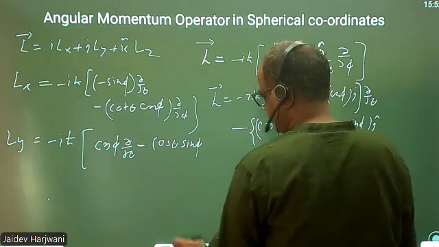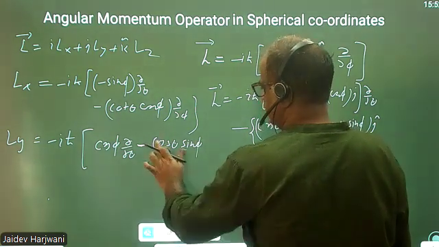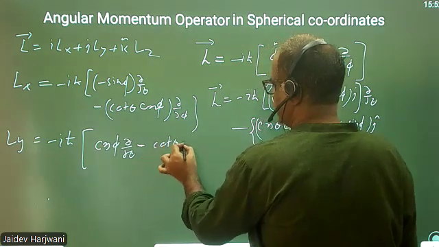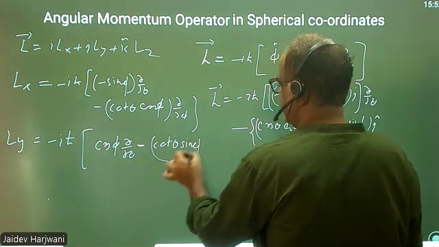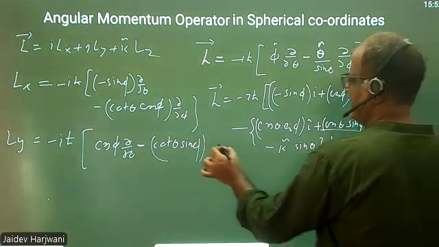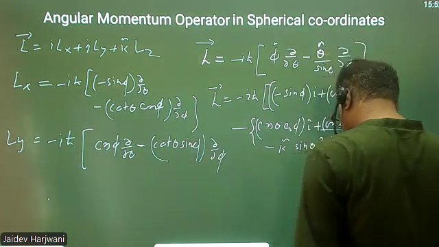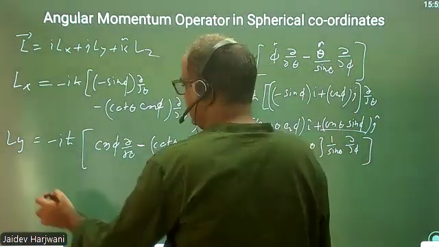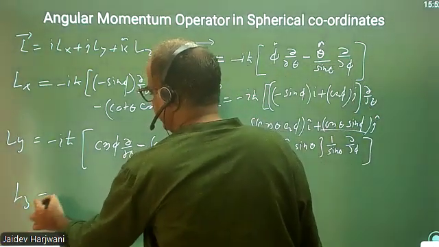So this becomes cot theta sin phi, and then you have del upon del phi. So this becomes your Ly.